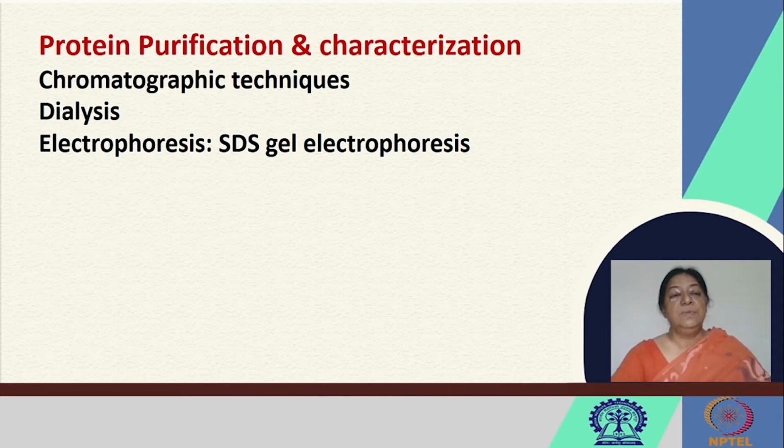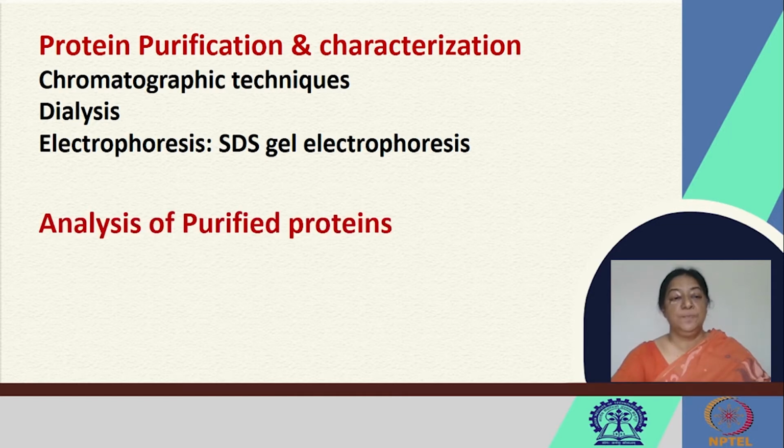In these, we will be looking at chromatographic techniques, dialysis, followed by electrophoresis, which will be discussed in our biophysical methods lectures, which will be the following 3 lectures of this module.